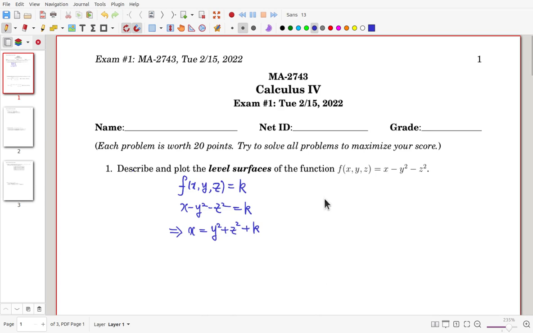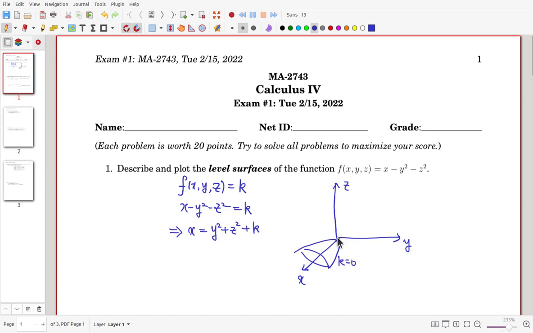So we can plot in this coordinate axis. There's x direction, y direction, and that is z direction. And once k is 0, then we have such a paraboloid. That is k equals 0.